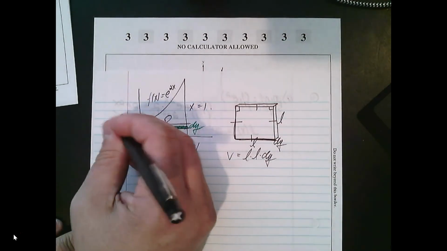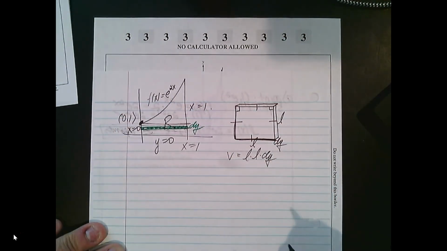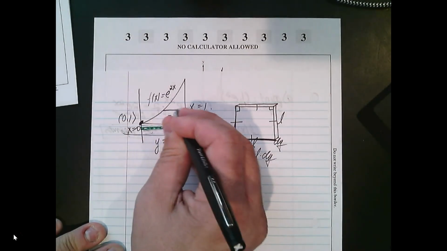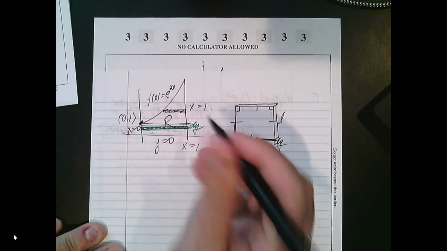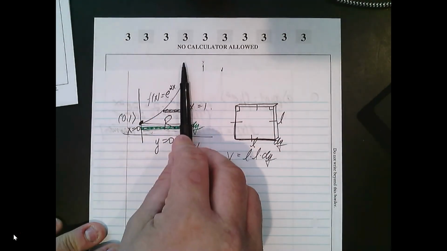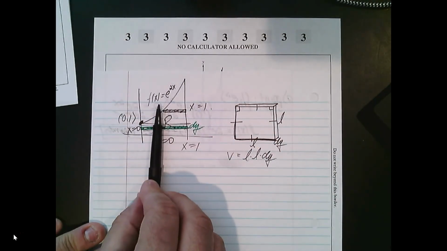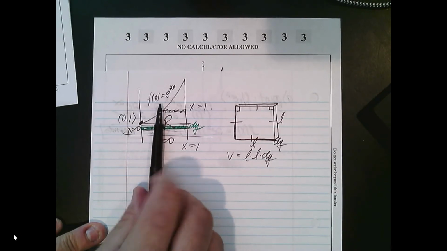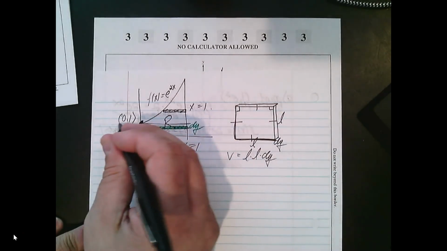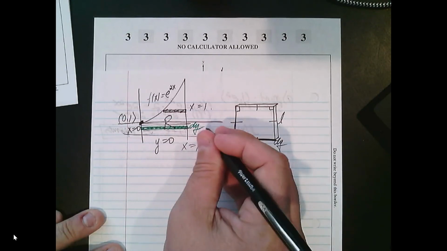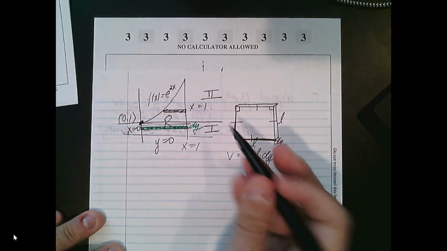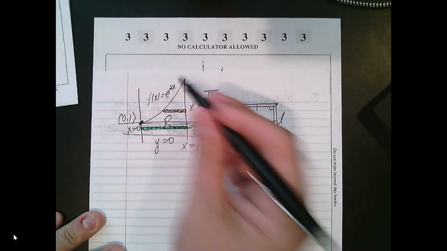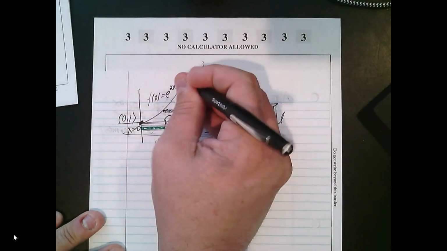The y-intercept here is at 0, 1. However, when my slices are above the y-intercept, then I'm running from the line x equals 1 over to the curve e to the 2x. That means I'm going to have to look at what happens below the intercept, we'll call that part number 1, differently from how we look at the piece above the intercept, that's part number 2.